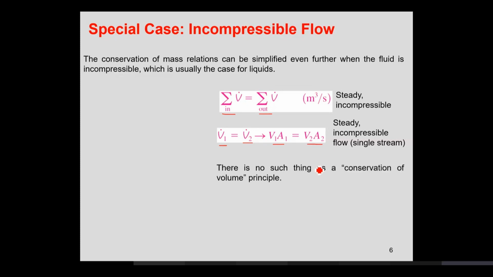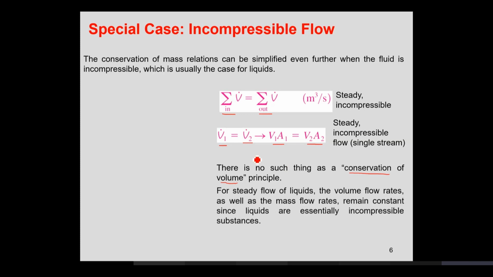There is no such thing as a conservation of volume principle. This conservation is related to the flow of liquids. In the flow of liquids, which are incompressible, the volume flow rates and the mass flow rates remain constant. It is essential that you are referring to steady state flow and an incompressible substance.